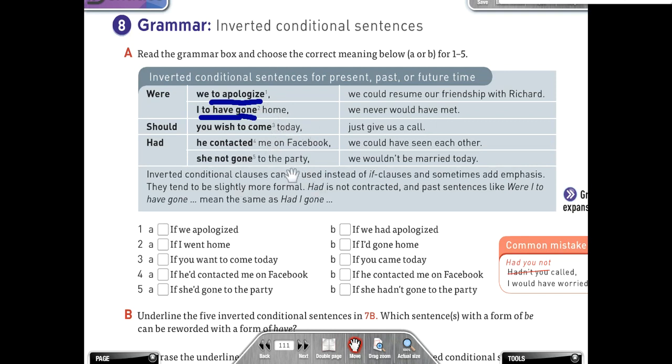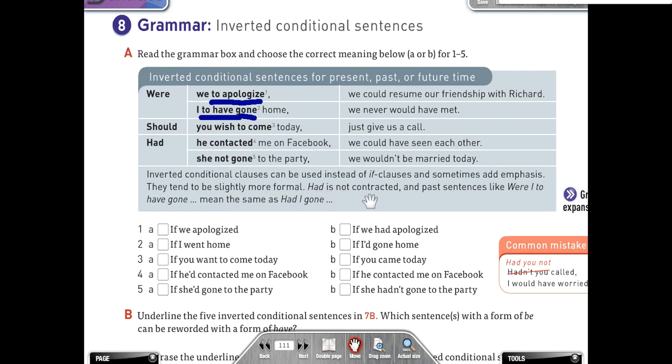Well, so you can put stop after we read this. Please read with me. Inverted conditional clauses can be used instead of if clauses and sometimes add emphasis. They tend to be slightly more formal, as I told you, because the conditionals are already formal, but more formal.